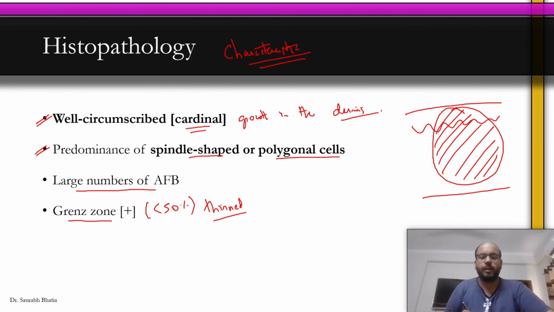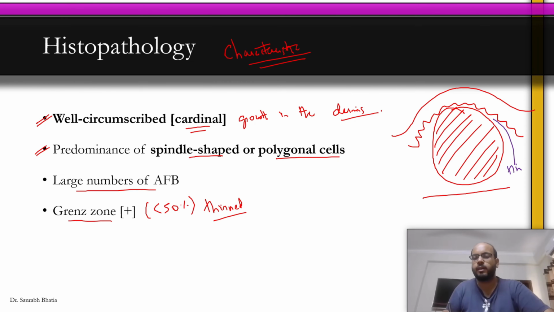So the epidermis will become like this. And in between you will see a thin grenz zone.